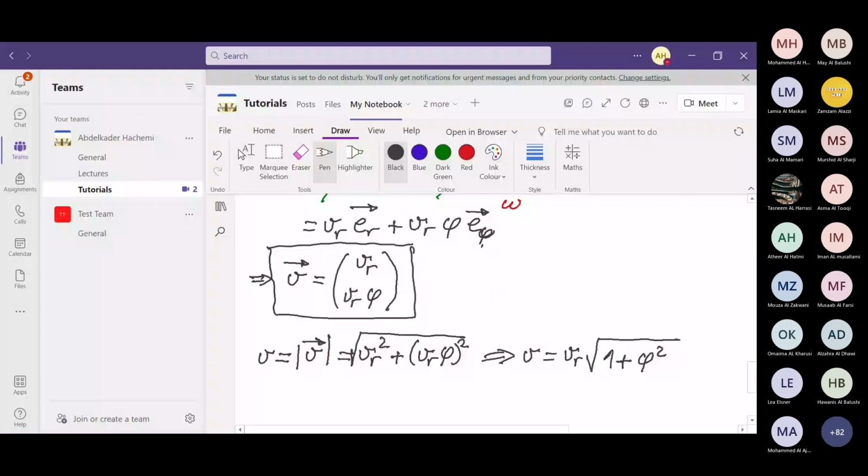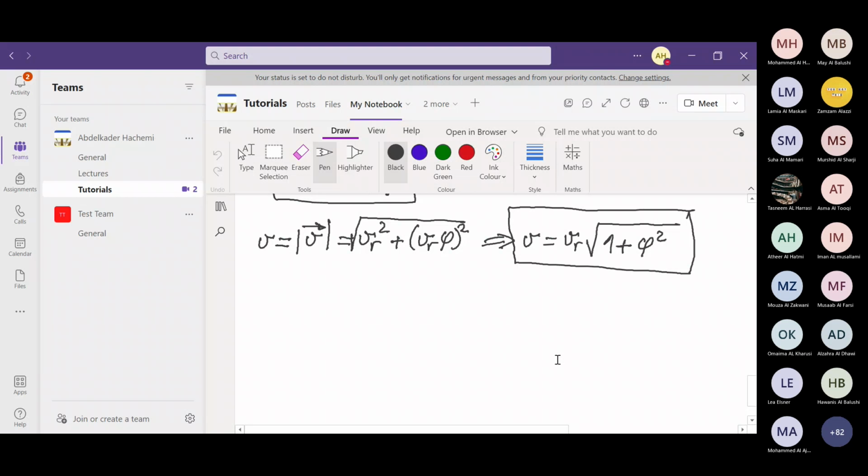Now we have the vector of the velocity as a function of phi, and we have its magnitude. Now, coming to the second part of the second question, we have to consider the acceleration.